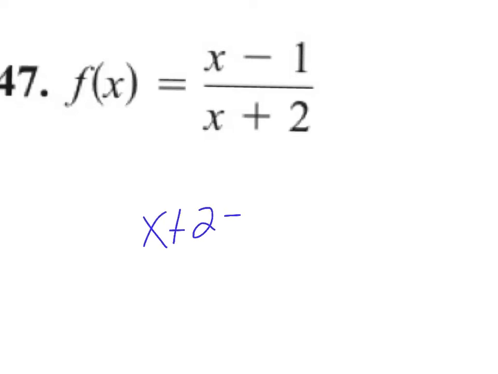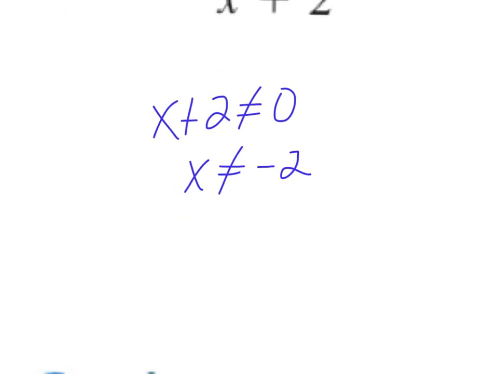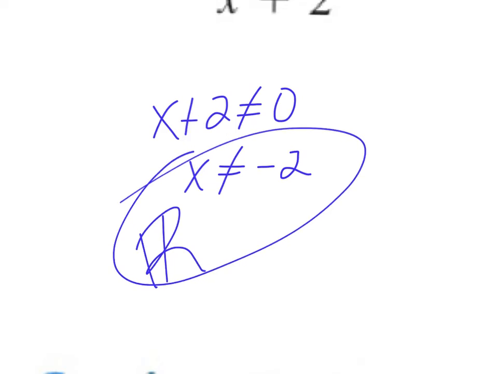Why can it not be negative 2? What happens if it's negative 2? The denominator equals 0. So you could tell me all real numbers except x can't be negative 2. It can be any number in the world except for negative 2. We can't just write down x cannot equal negative 2. You can, that's fine.